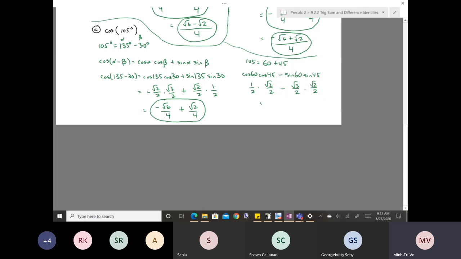So you get square root of 2 over 4 minus square root of 6 over 4. So they're the same, just in a different order. The minus square root of 6 over 4 is on the left, and here it's on the right. But these are both the same.